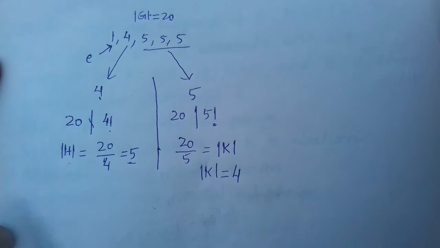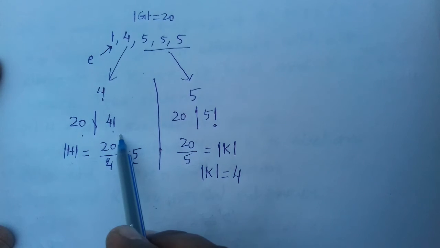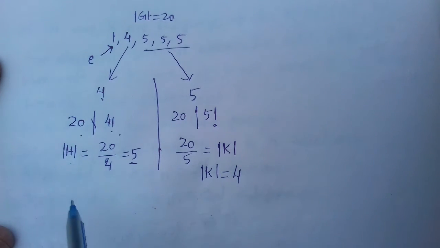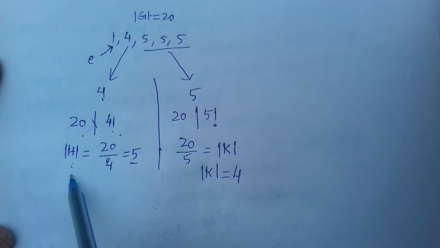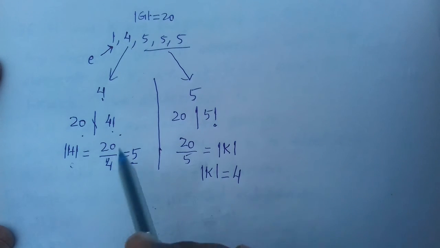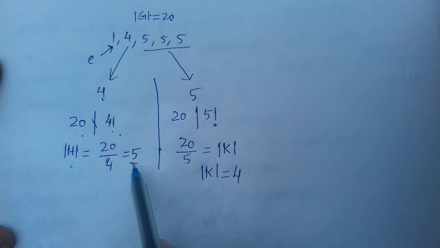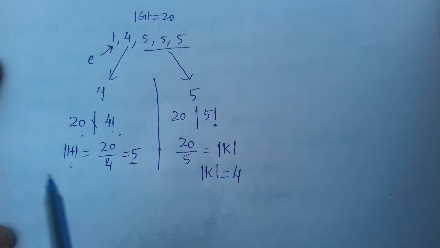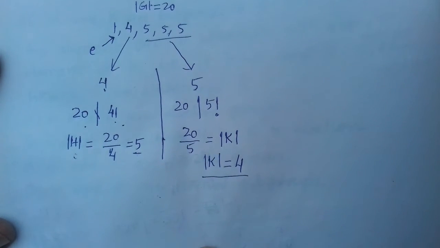But if 20 does not divide factorial 5, then the subgroup you find will contain a non-trivial normal subgroup inside it. Since this is a prime number, that normal subgroup is H itself, and here K is also a subgroup, but this is not a normal subgroup.